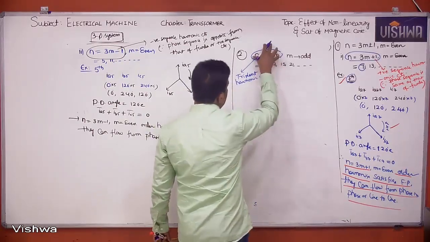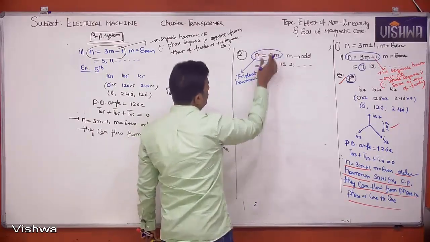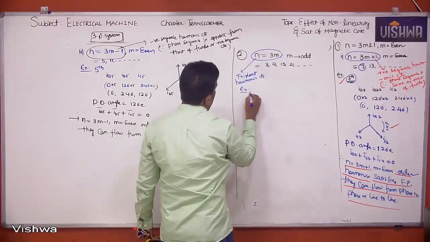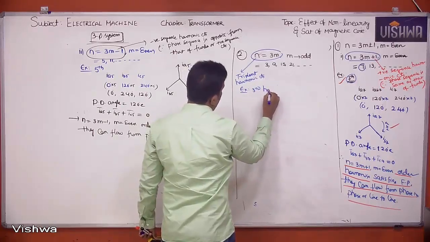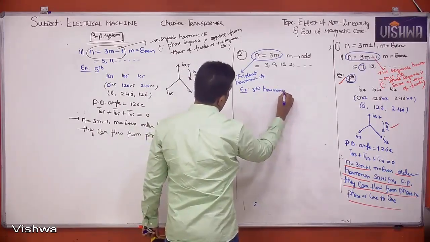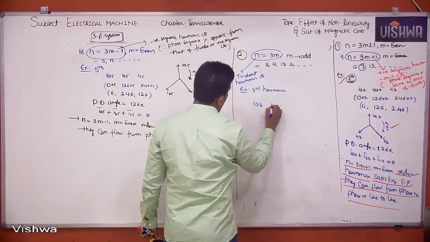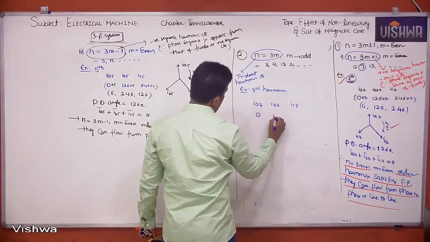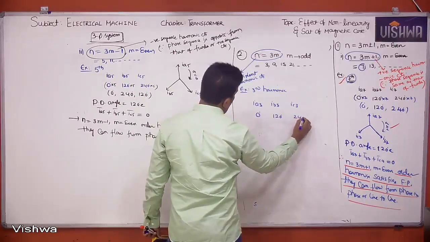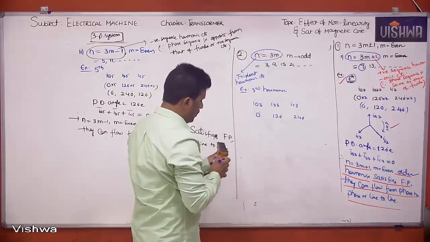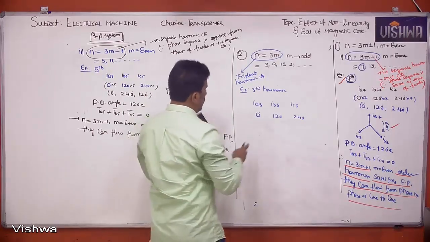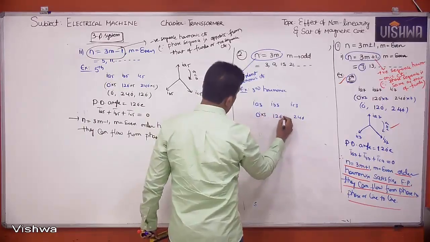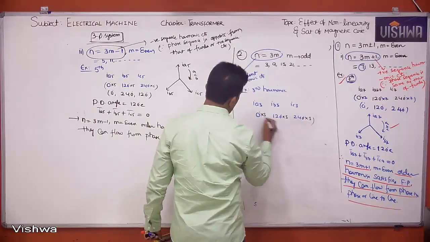And here, for understanding n equal to 3m order, let me take the third harmonic as an example. Now tell me, IA3, IB3, IC3. Generally, the fundamental current is displaced by 0, 120, 240. I'm asking for the third harmonic, so what you have to do is multiply by 3.